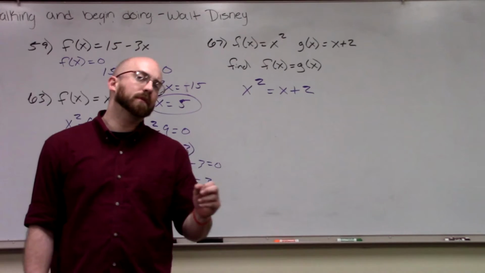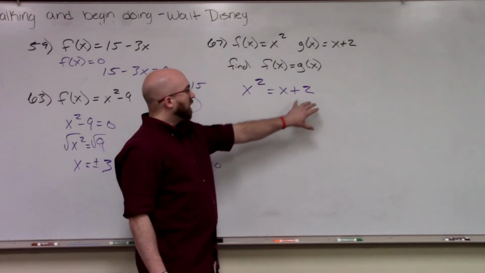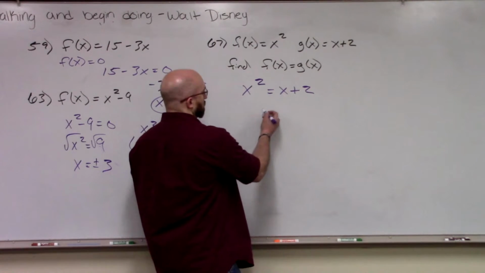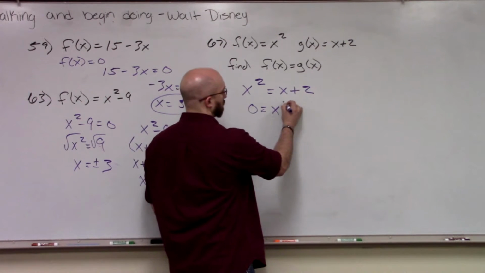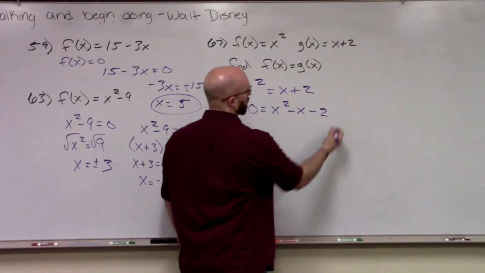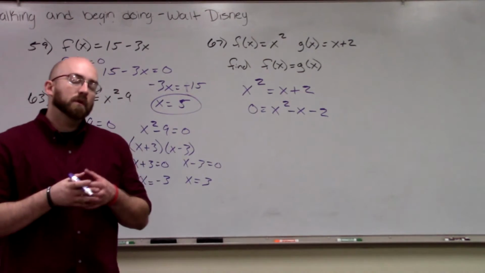That just makes it more complicated. What you want to do is move everything to one side. So it's just 0 equals x squared minus x minus 2.